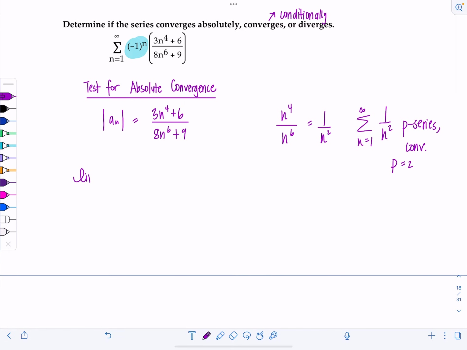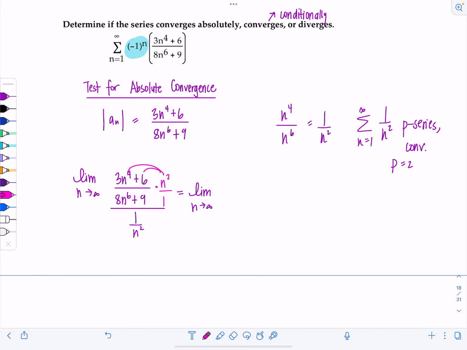So let's look at the limit as n goes to infinity of (3n^4 + 6)/(8n^6 + 9) over 1 over n squared. If I divide by 1 over n squared, that's the same as multiplying by n squared over 1.